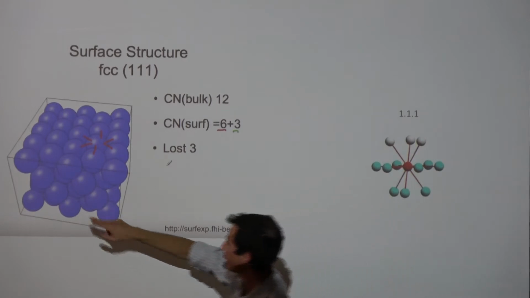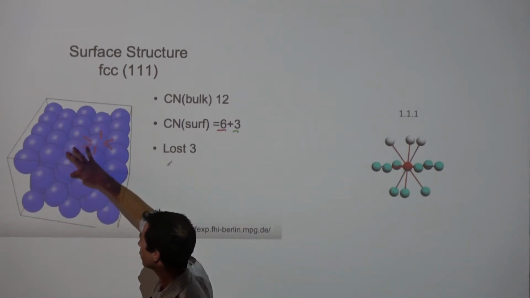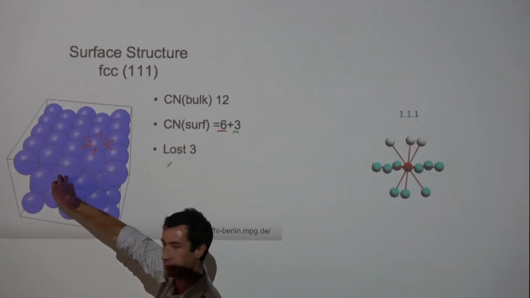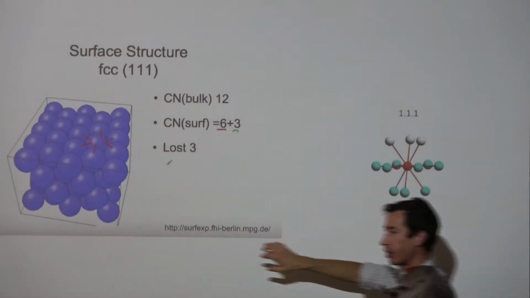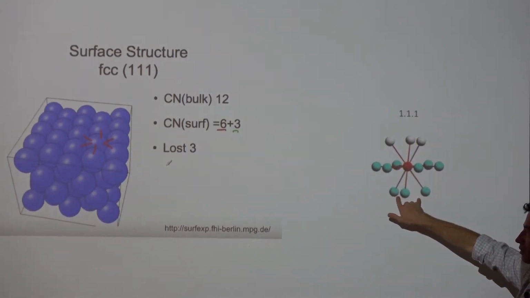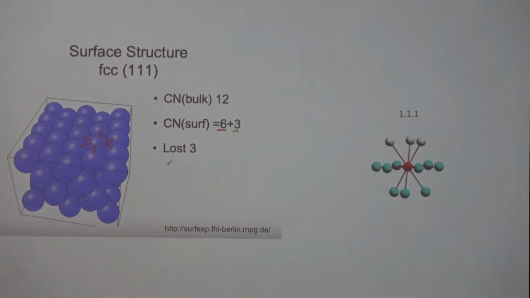And then maybe if you look at this one, you can kind of imagine how there's 1, 2, and then there would be a 3rd one right there that it would be resting on. So if that's hard to see, hopefully this one's easier. So you have 6 remaining in the same plane, 3 below that is 9, so meaning you lost 3. Okay?